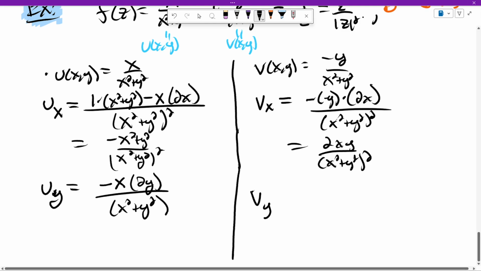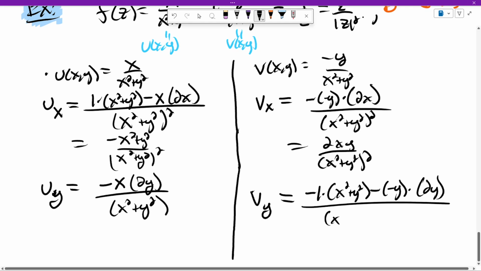All right, and then v_y: now the numerator contributes. So we're going to get negative 1 times x squared plus y squared, and then minus y times the derivative of the denominator with respect to y, which is 2y, over x squared plus y squared, squared.